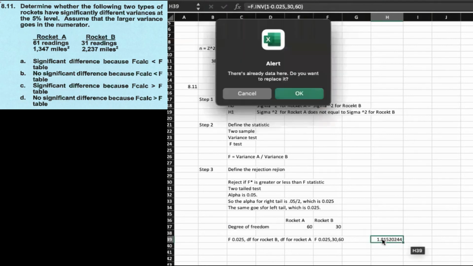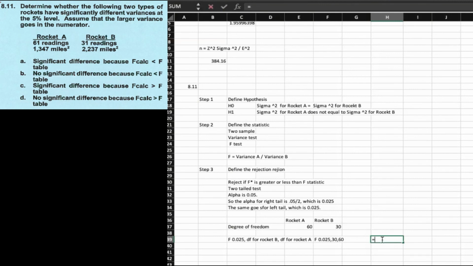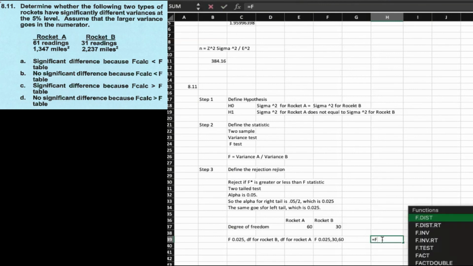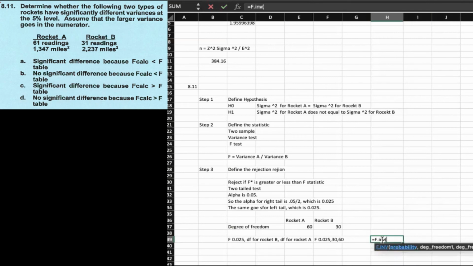Yes. So F dot inverse function and 1 minus 0.025, comma, degree of freedom 30 and 60. Yeah, this is the way to go. So that's 1.815.